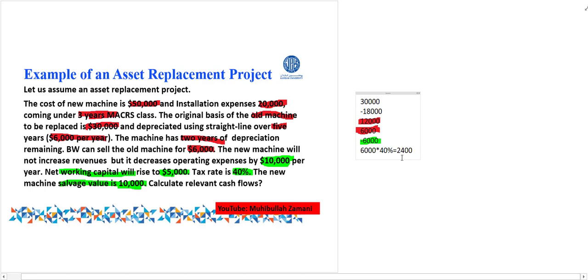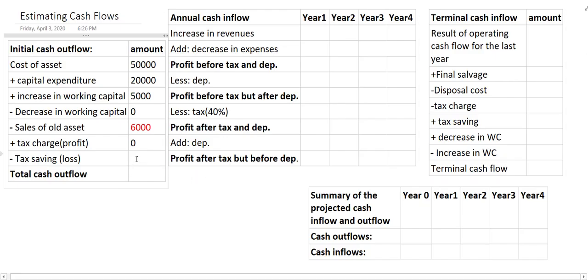So 2,400 is the amount that we have to take back from the government. As it is once again an amount that we receive, we have to show it with a negative sign, and let me take it in red color as well. So make it red.